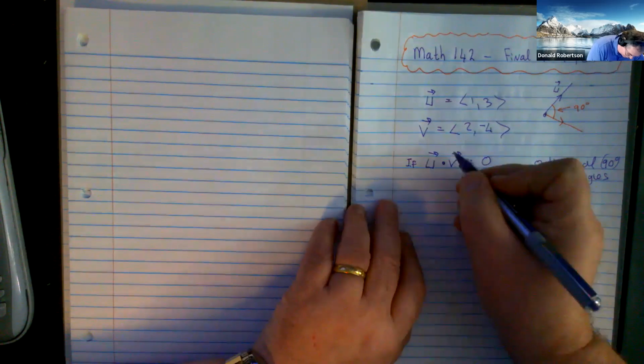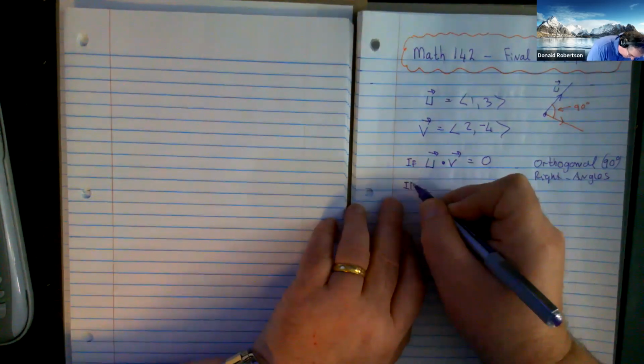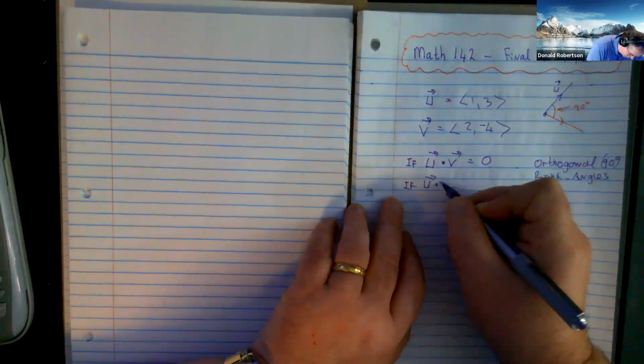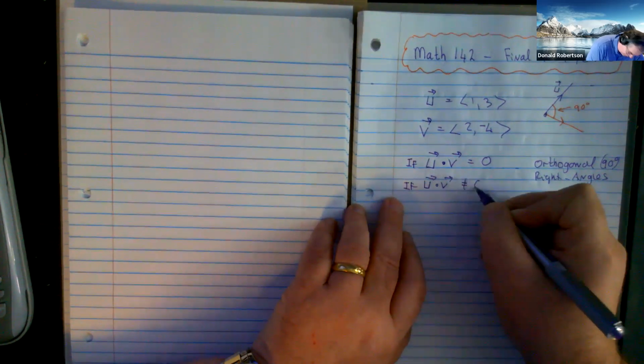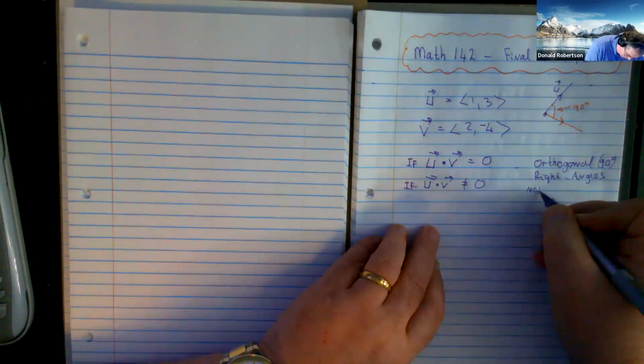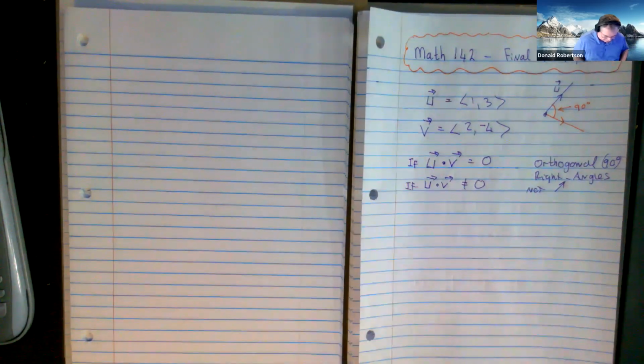Right? They make an angle of 90 degrees, right angled. There's three things that are really equivalent. Well, let's check them out. Oh, and to complete it, if the dot product is not 0, then they are not right angled.